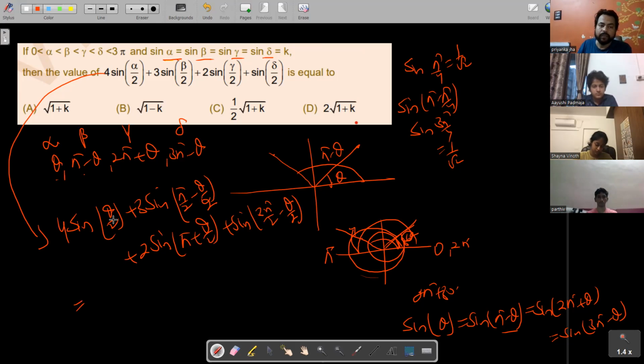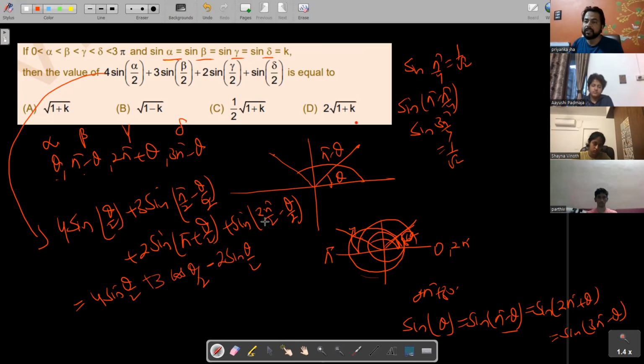Now you can see one thing. Sine theta by 2 is sine theta by 2, let it be like that only. Now sine of pi by 2 minus theta, what is it? Sine of 90 minus theta is cos theta, no? So this is plus cos theta by 2. Now sine of pi plus theta falls into the third quadrant. In the third quadrant only tan and cot are positive, so sine will be negative. So this is minus 2 sine theta by 2.